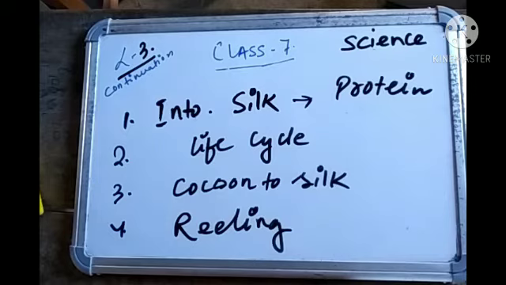Then the life cycle, and from cocoon to silk. Under this we discussed rearing of silkworms, then processing of silk, how cocoons are obtained, and that cocoons are kept under the sun or boiled or exposed to steam. Reeling we have discussed.